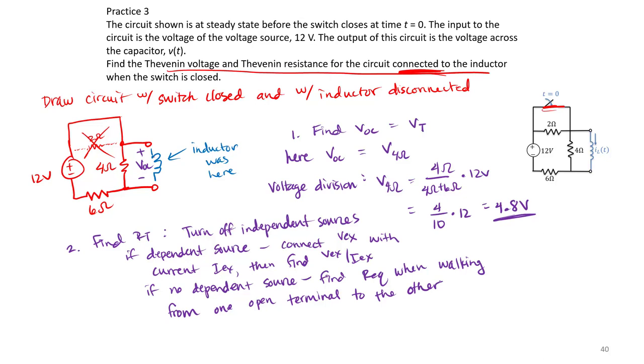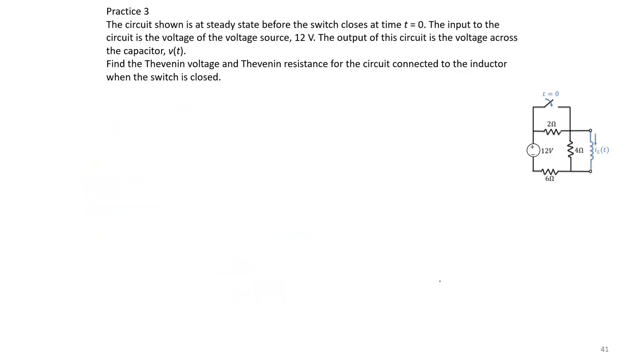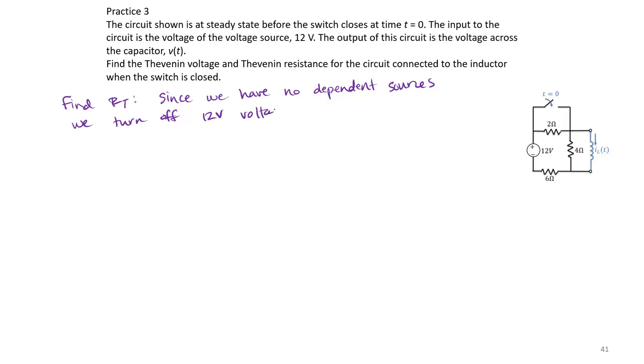So in this case, we do not have a dependent source, we just have independent sources. So we have a slightly nicer approach. Since we have no dependent sources, we can just turn off the 12-volt voltage source.